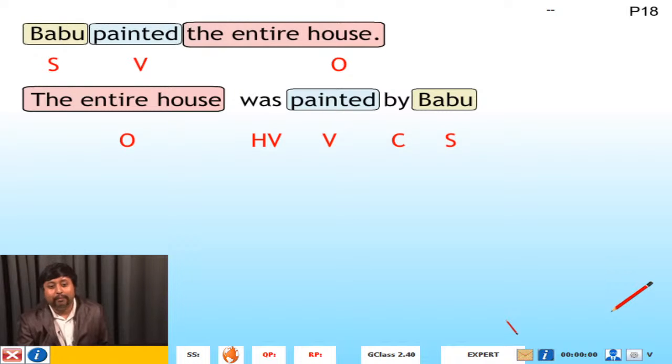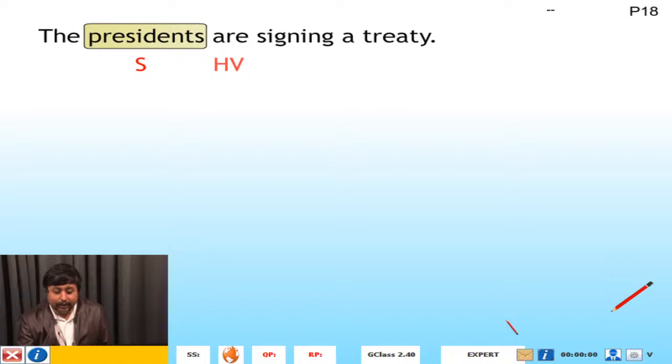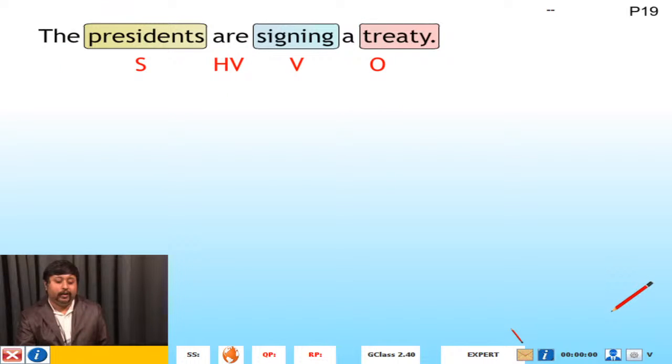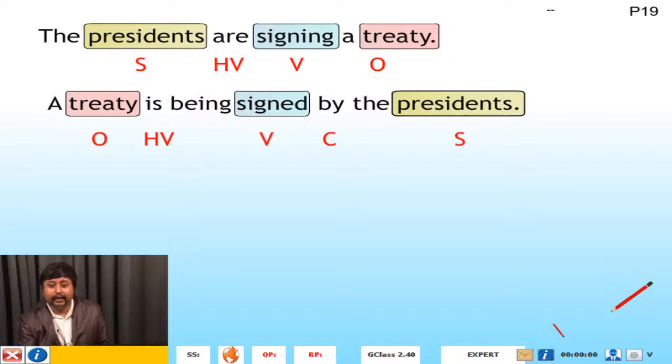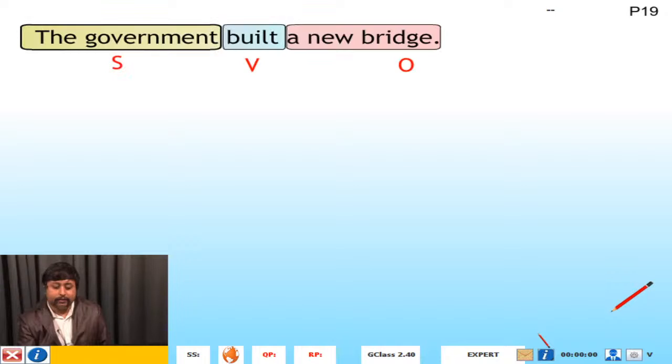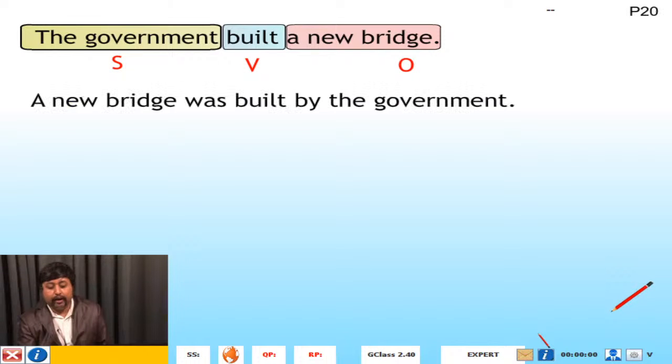So was, painted, isn't it? Then by Babu. The presidents are signing a treaty. What will this be? A treaty is being signed by the presidents. The government built a new bridge. So what will this be? A new bridge was built by the government.